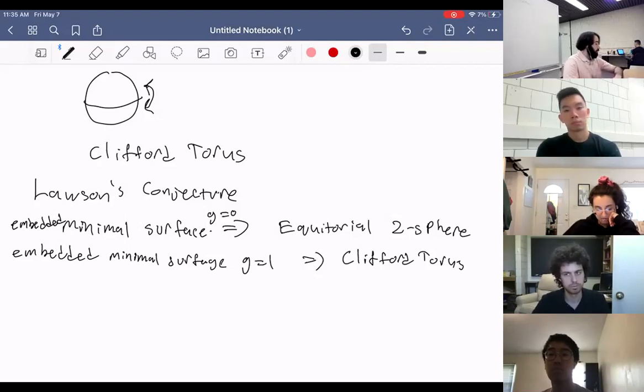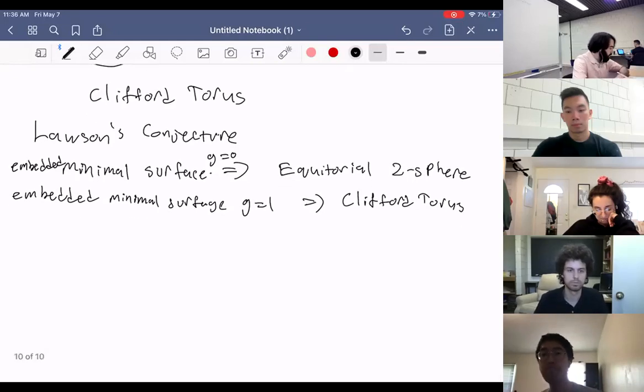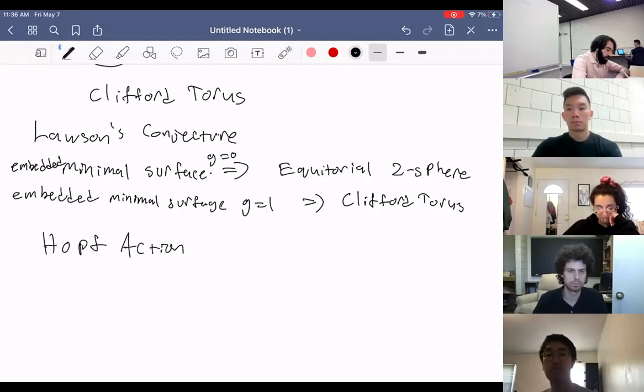So in order to see what this Clifford Torus is, we're going to first go towards the Hopf action and the stereographic projection. Let's talk about the Hopf action first. So we want to think of the three-sphere as sitting inside of C2.